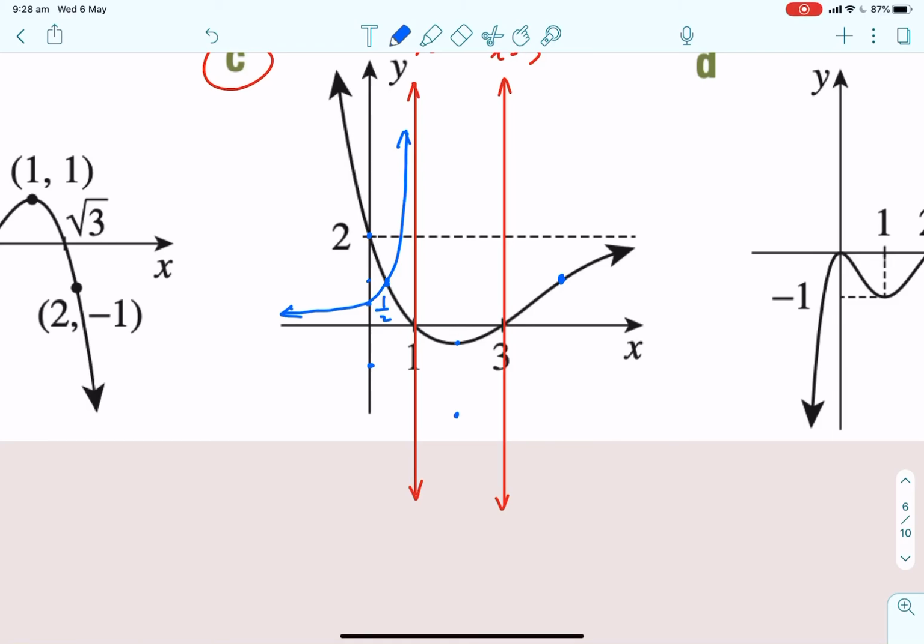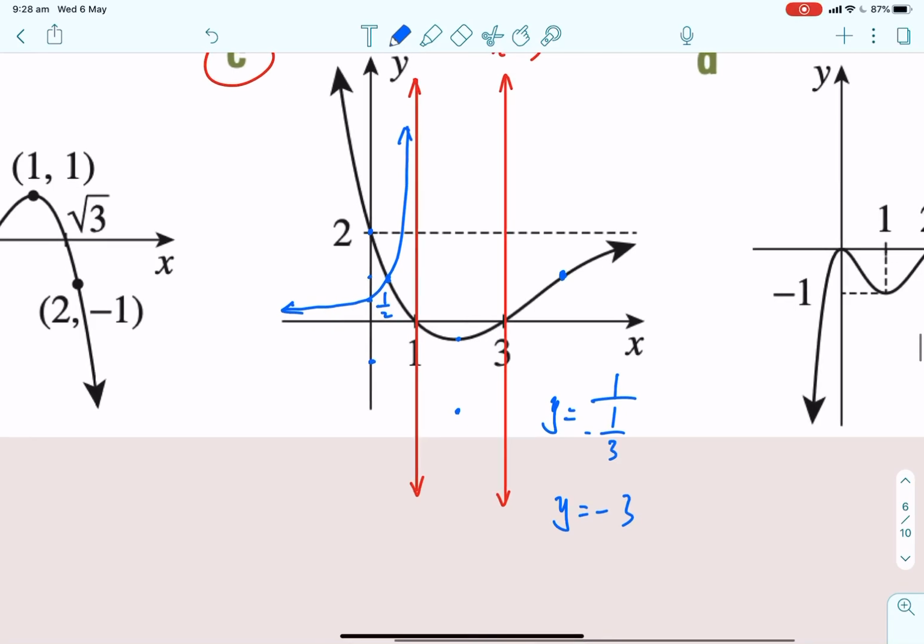Let's say that is -1/3. So 1 over -1/3 is y equals -3, isn't it? So that should be up there somewhere. We don't know what the exact value is, but we know it will be bigger than 1. And then both sides should be a curve. That should be a parabola. So that's the middle.